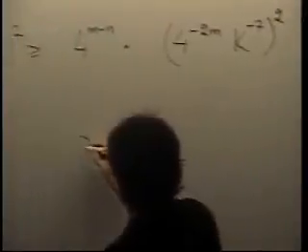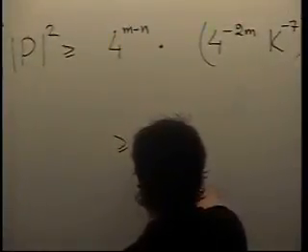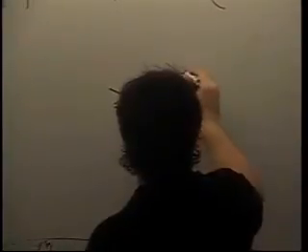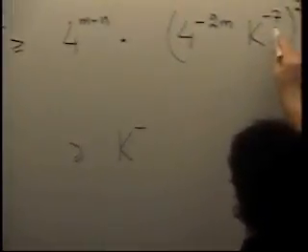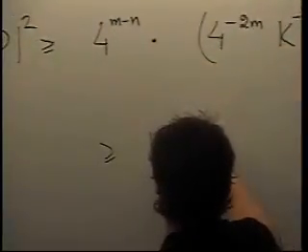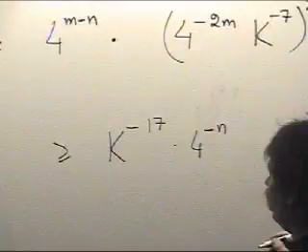And that is at least, what is it? k to the power minus 10, I believe, right? 11, no, not 10. 14, 18, 17. Times 4 to the power minus n.